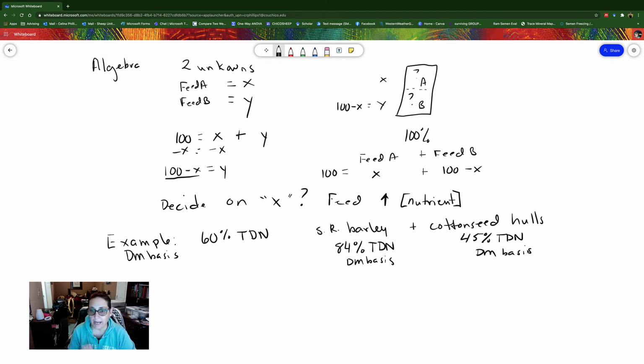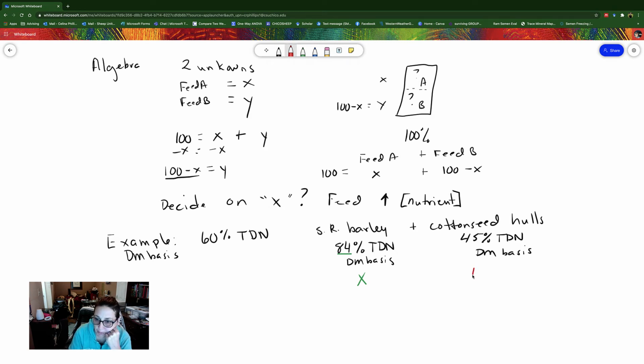So now I can set my X and my 100 minus X. According to our rule that X is the feed with the highest nutrient concentration, in this example, barley is X because it has 84% TDN.